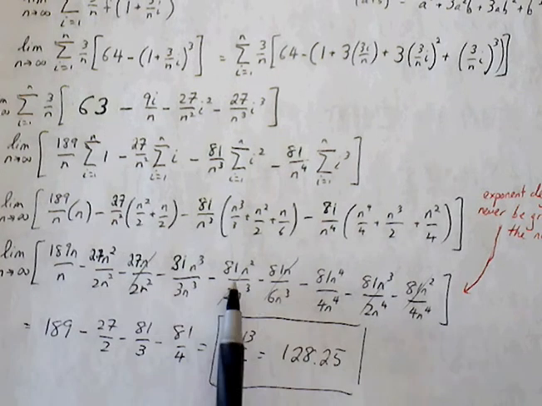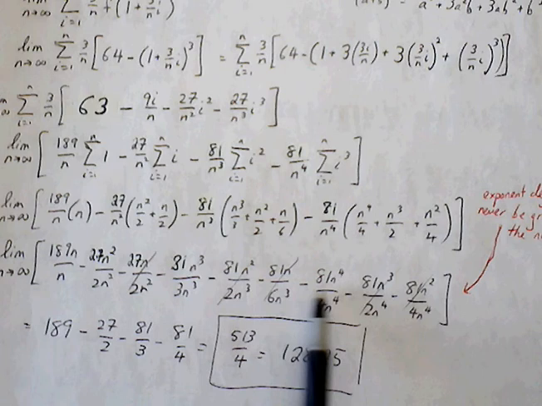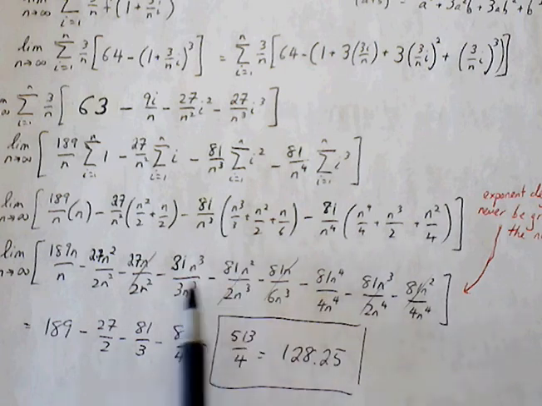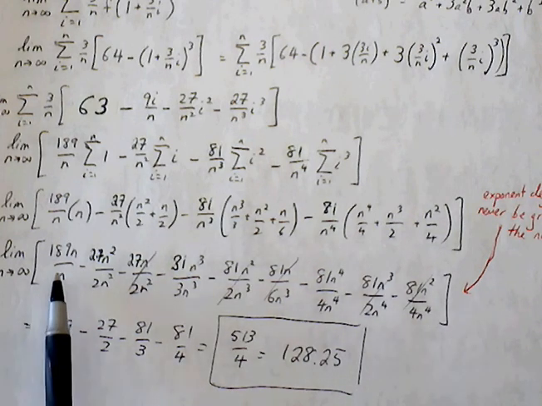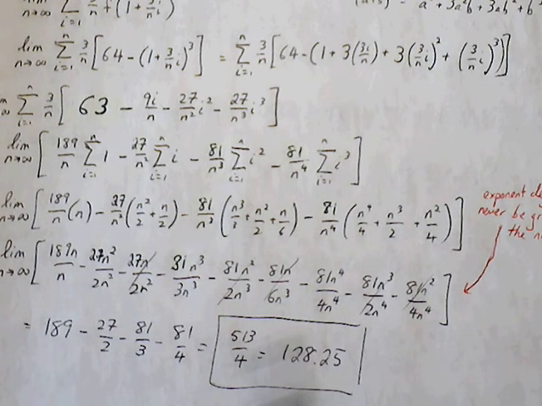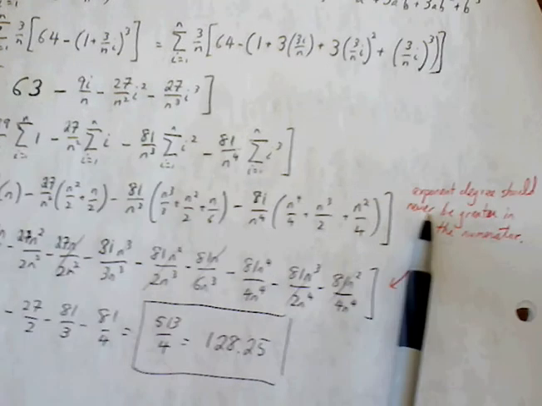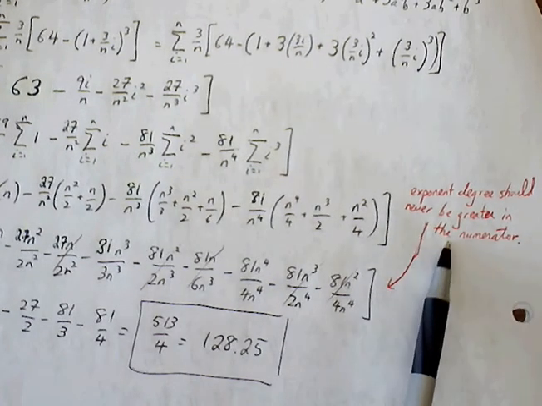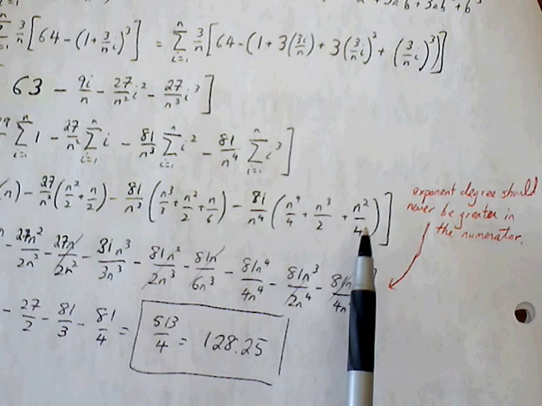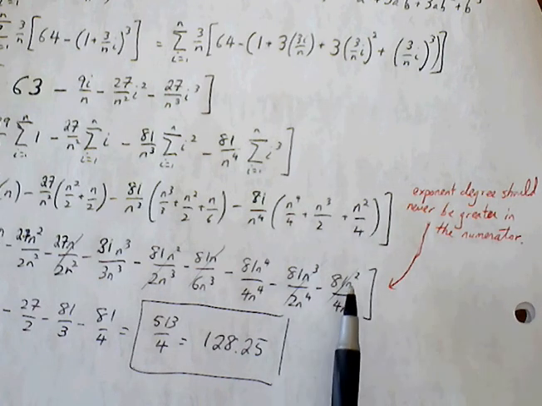We're just having to distribute everything through and then determine which portions go to 0. Any fractions where the denominator has a higher degree, we're going to drop that out. It's going to go to 0. So we're only going to keep the ones where the variables are matching between numerator and denominator. And for the problems that we're dealing with, our exponent degree should never be greater in the numerator. So you're never going to get an n cubed over n squared, for instance.